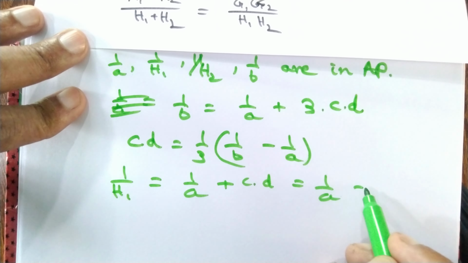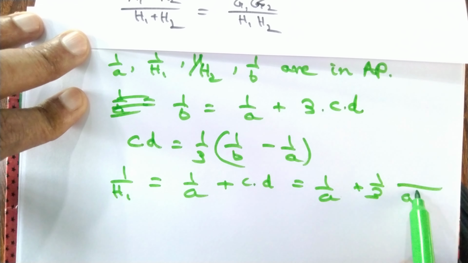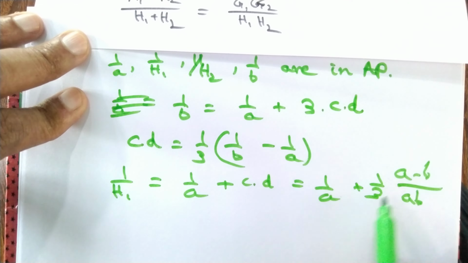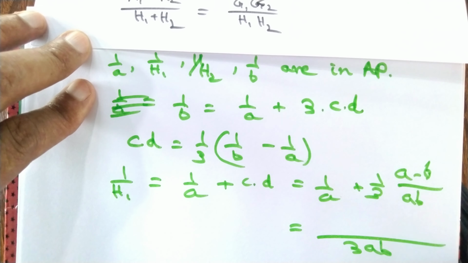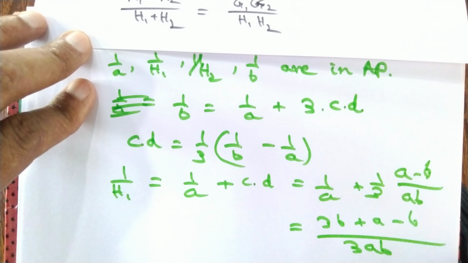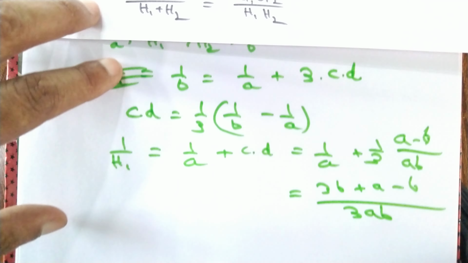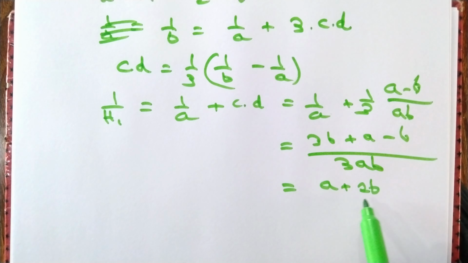That's equal to 1 by a plus 1/3 of a minus b by ab, which we can simplify and write as 3b plus a minus b in the numerator. Can we simplify it further? Yes, and we can write a plus 2b by 3ab.